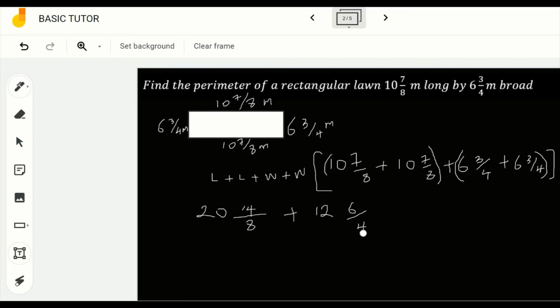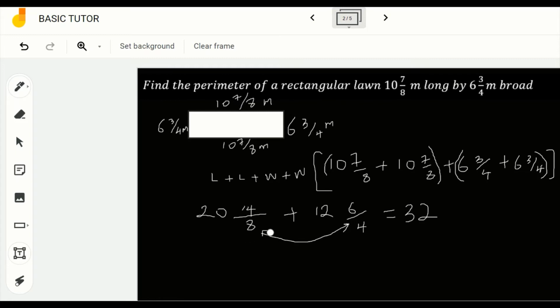So now we have to continue with the addition. First thing we do here is to add the whole numbers. We have 20 plus 12, that should give us 32. What next? We have to add the fractions. How do we add these fractions?